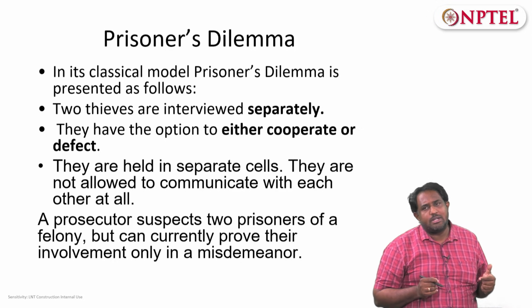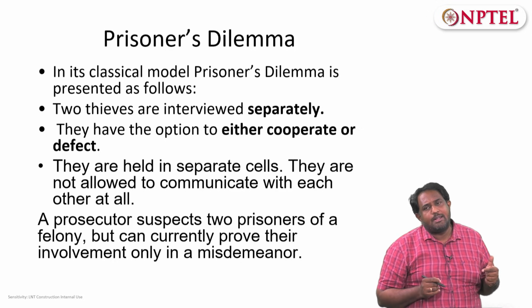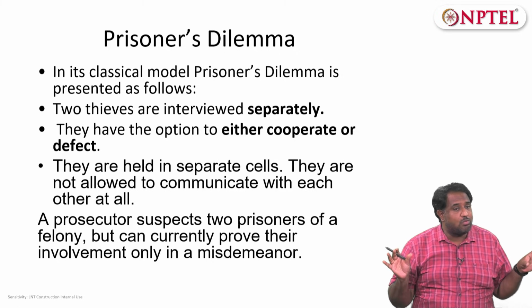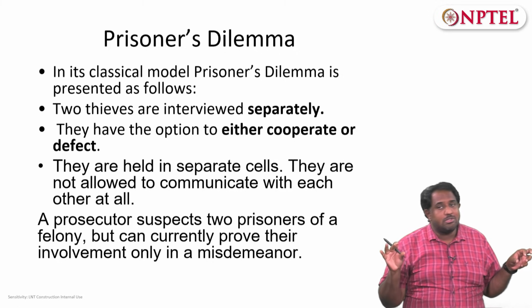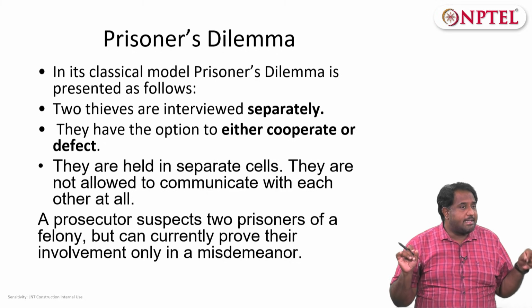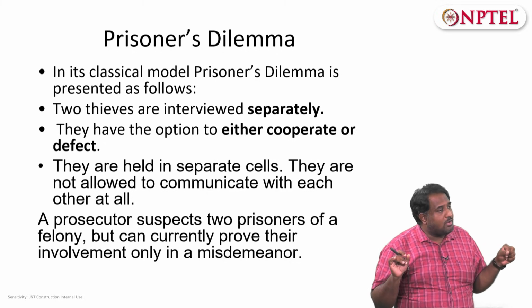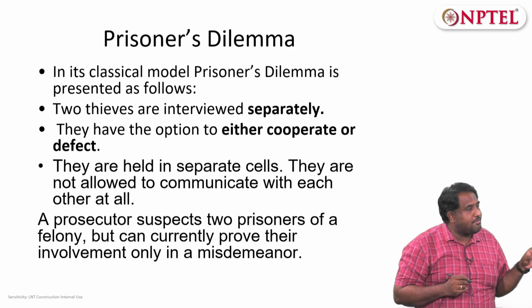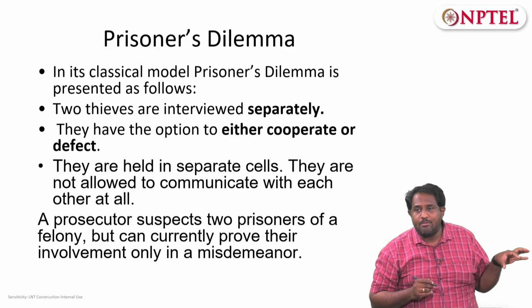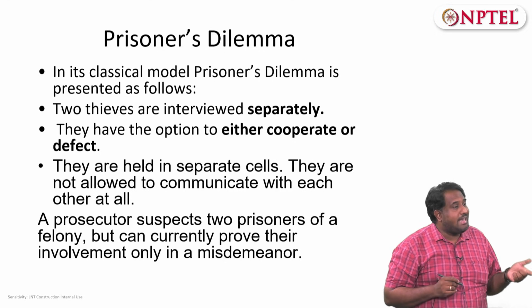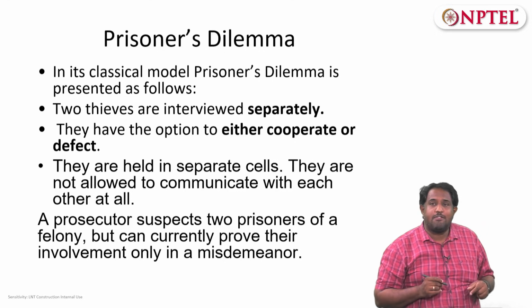So the prosecutor interviews both of them in separate rooms, right? Because he wants to get a confession out of them. If he gets a confession, certainly they are going to go to jail, but the punishment can be relaxed because it's some sort of a plea bargain, right?